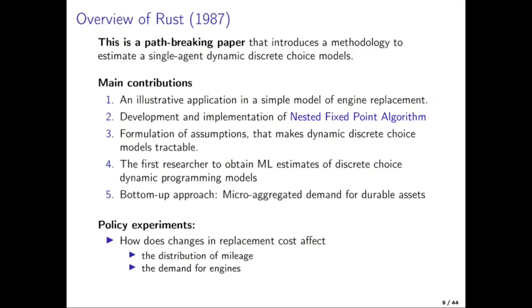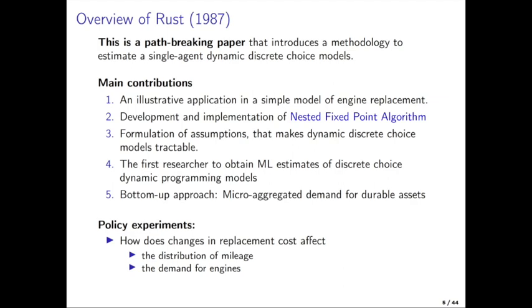And so by using the model, solving it, you can simulate what the equilibrium distribution of this asset would be, or the equilibrium demand would be, and then vary what the replacement cost would be, and that's the price of the asset, right?